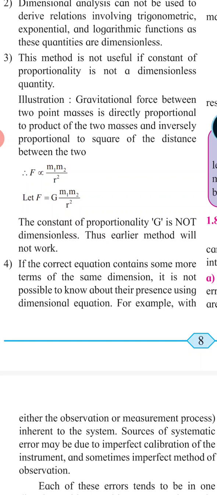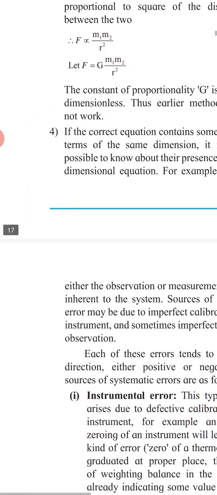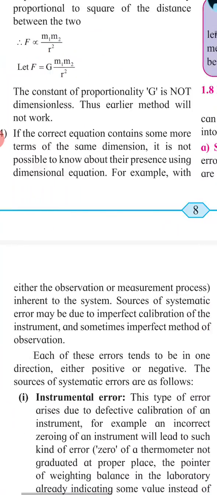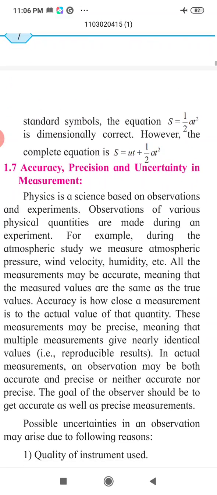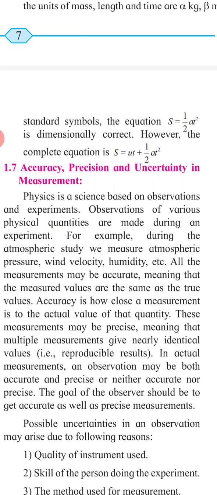And then if the correct equation contains some more terms of the same dimension, it is not possible to know about their presence using the dimensional equation. For example, if you consider the equation S is equal to half at square, it is dimensionally correct. However, the complete equation is S is equal to ut plus half at square, that is also dimensionally correct.